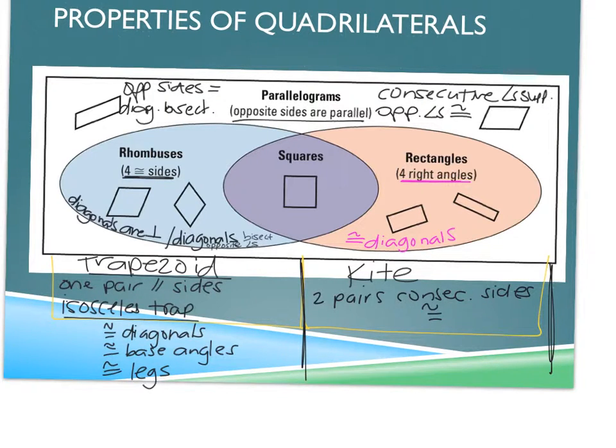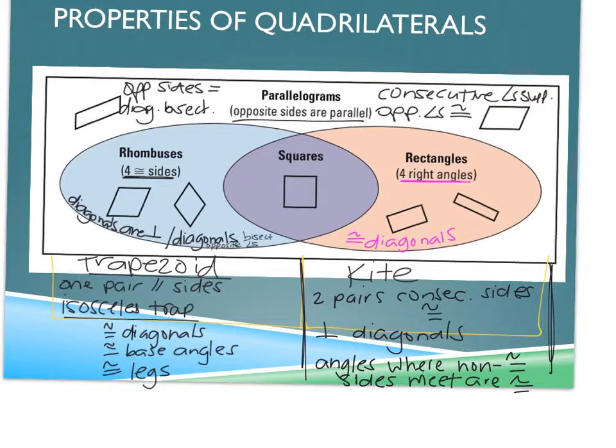And then kites, 2 pairs of consecutive sides congruent. This section's kind of like a mashup. Perpendicular diagonals. And then angles where the non-congruent sides meet are congruent.